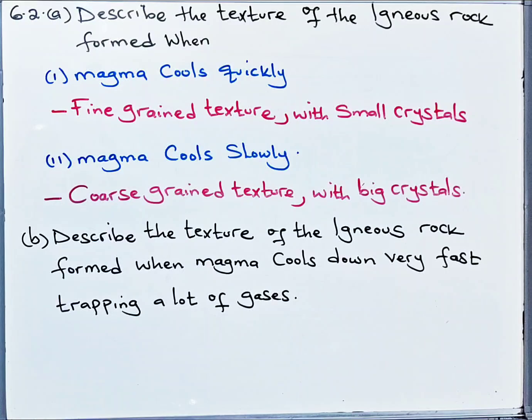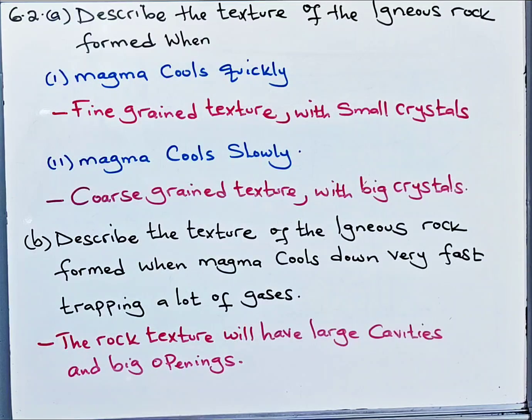The texture will have a lot of cavities and openings. It will be like when you bake bread and you put a lot of baking powder. So it will have too many openings and cavities.